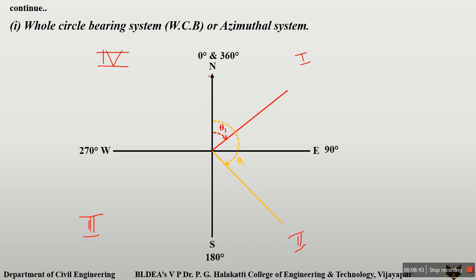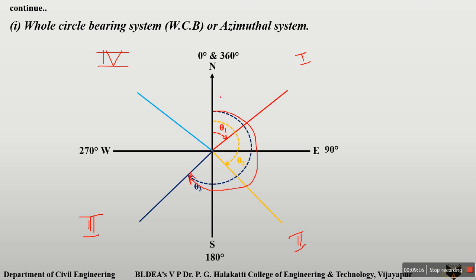Clear? Similarly, there is a line present in the third quadrant. Again, we have to measure the bearing from the reference of the north, like this, towards this line. This bearing we assume is theta 3. Clear? Similarly, the last line is present in the fourth quadrant.